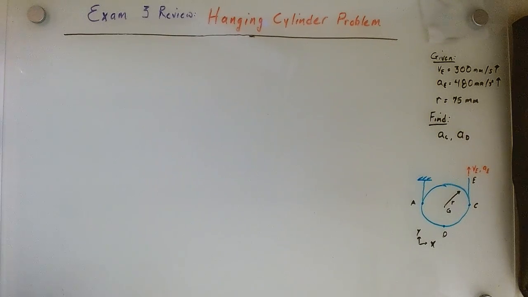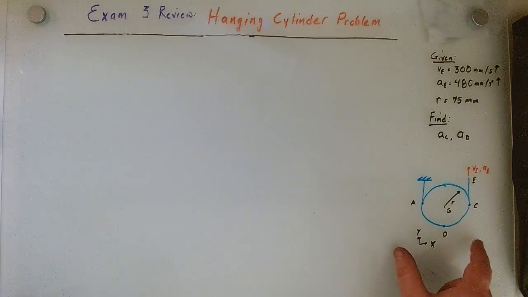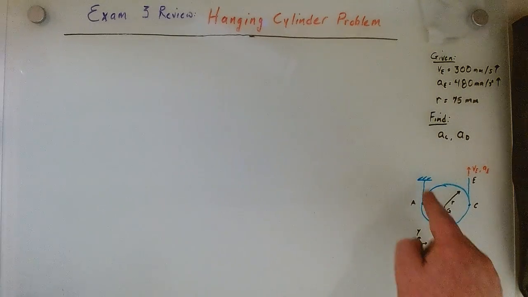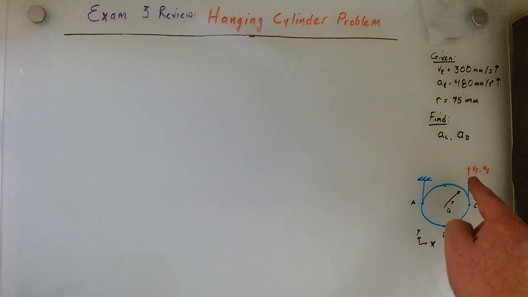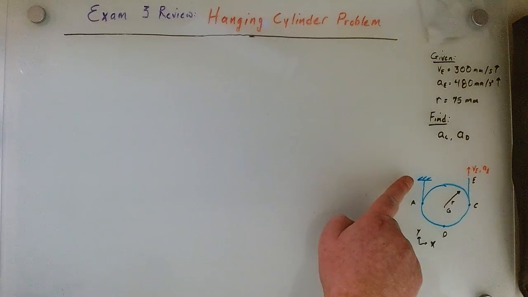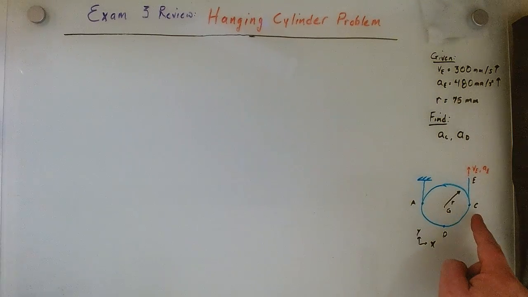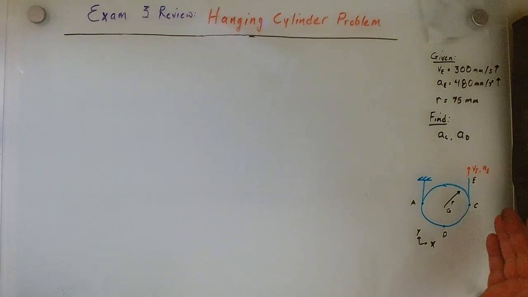This time we are looking at a hanging cylinder problem. Our system is shown with this diagram. We have a cylinder with a cord wrapped around it, attached to a fixed point on side A. On side C, on the right hand side, it is accelerating and moving upward, right?